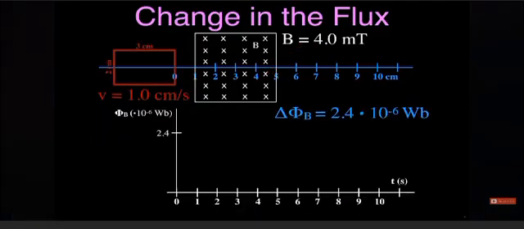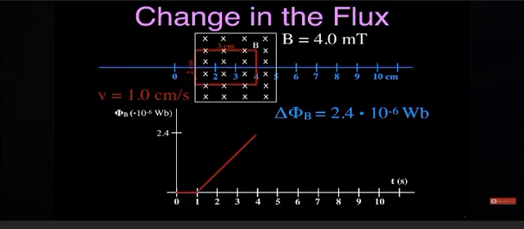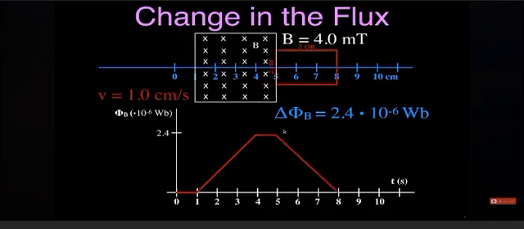At the beginning we have no change, and as we move into the coil, there's going to be an increase in our change in magnetic flux. And as we move across the magnetic field, we are going to have no change. Our change is going to be constant, and as we move out, we're going to realize a decrease in our change in magnetic flux. So that would be the graph.